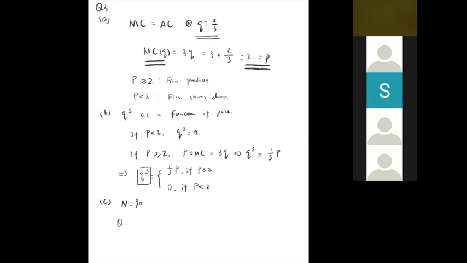So the group production is actually 90 times each firm's production, which gives us 90 times Q of S. So if P is greater or equal to 2, 1/3 times 90 gives 30 times P. And if P is lower than 2, again, no firm will produce, so in aggregate terms, the total production will also be 0. So this will be the answer to part C.